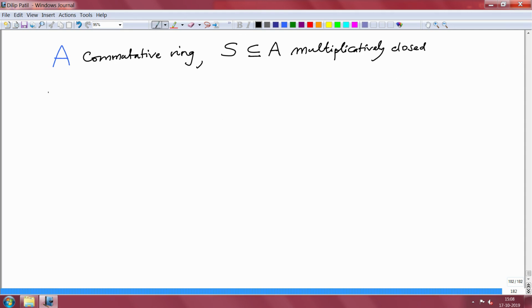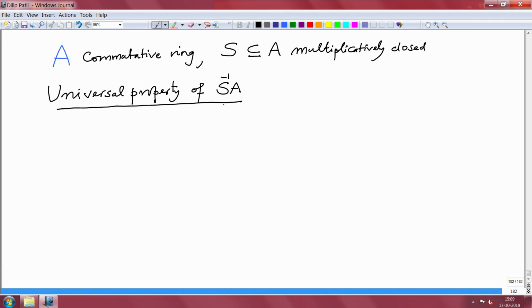So, this is the universal property of S inverse A. Remember that yesterday we constructed a ring S inverse A, and also we have a ring homomorphism from A to this.